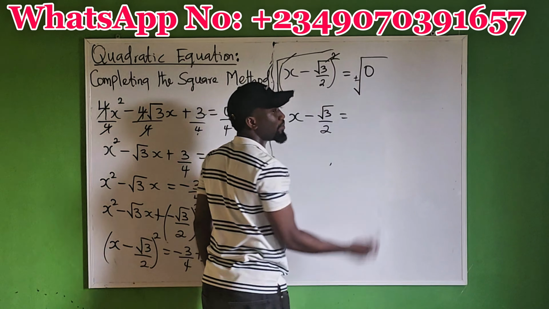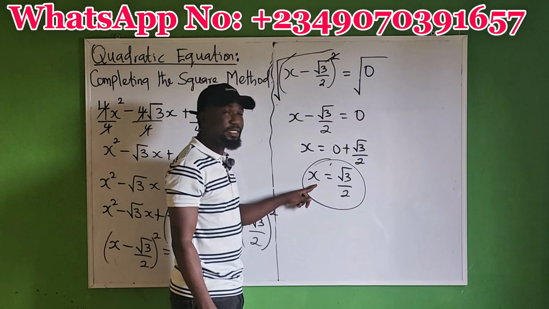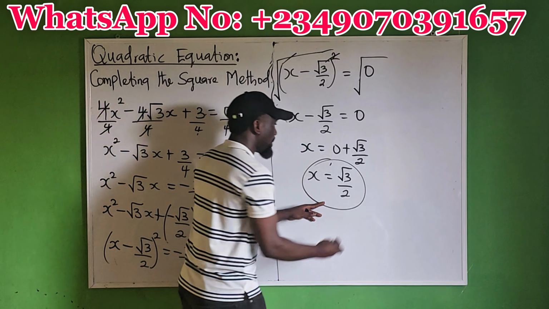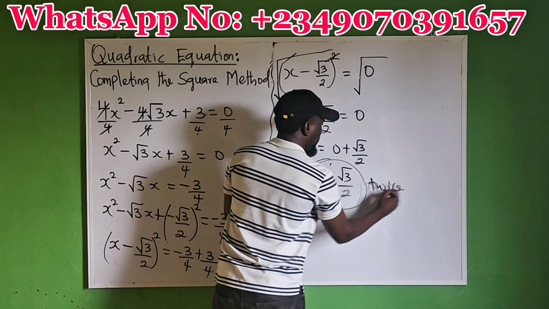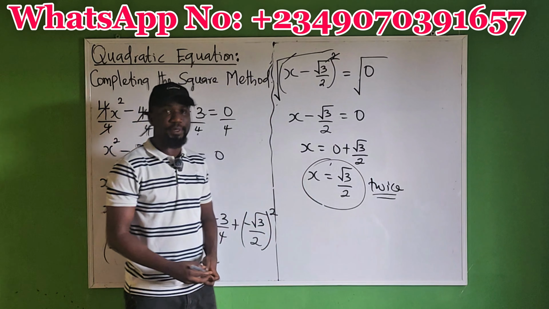So to get x, we have 0 plus root 3 over 2, and x will give us root 3 over 2. This is the value for x. But in this case, we are going to have two values, since x is going to have two roots. So we are going to have twice this value.